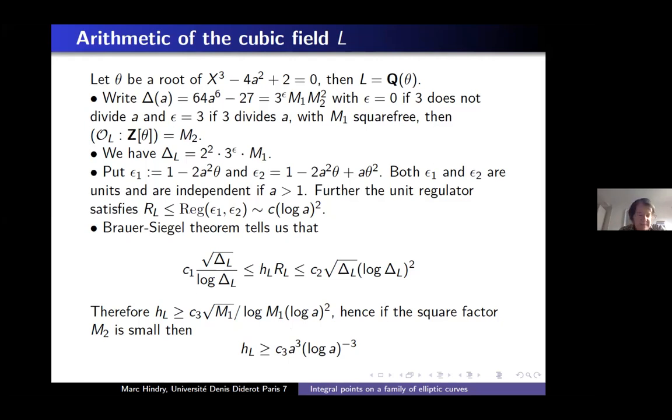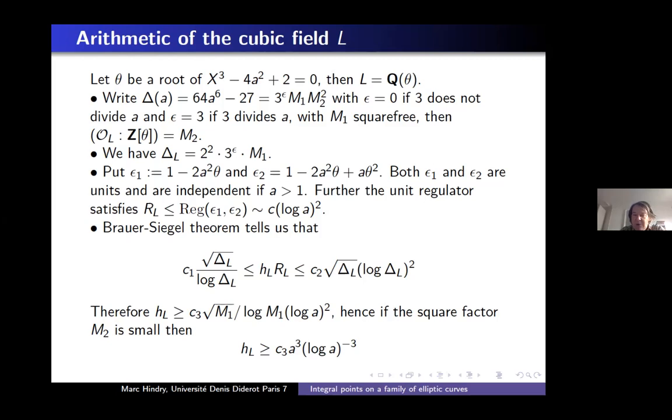So you will never find class number 1 again. And in some sense, odd class number becomes rarer and rarer. So that's about all I will say about the arithmetic. I will come back to this cubic field a bit later.